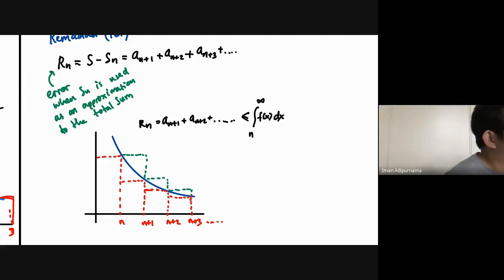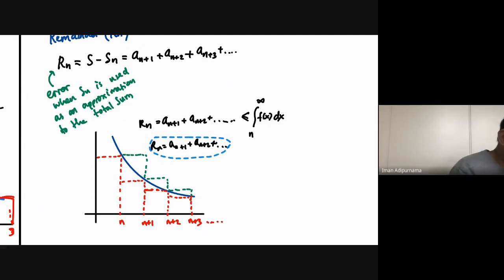So Rn can be under the curve or over the curve, underestimate or overestimate. So we can also say that the Rn can also be greater or equal to the integral of f(x) dx.